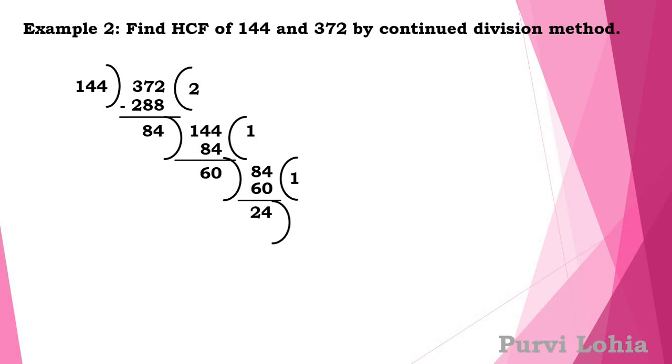Again we will follow the same process and it will go 2 times to give 48. The remainder is 12 and the next dividend will be 24 and it is now completely divisible 2 times and the remainder has come to 0.